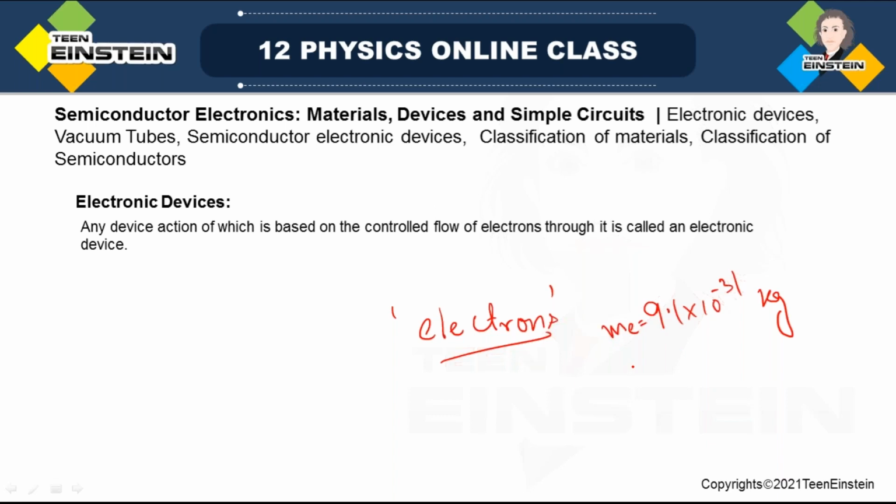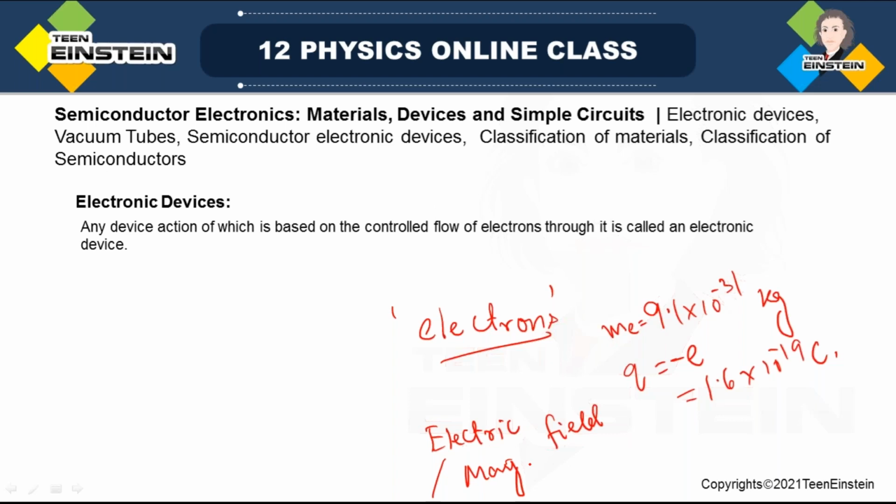It has a negative charge e, with value 1.6 into 10 to the power minus 19 coulomb. These are the basic points we know. Since it is a charged particle, its direction can be modulated by electric field or magnetic field.